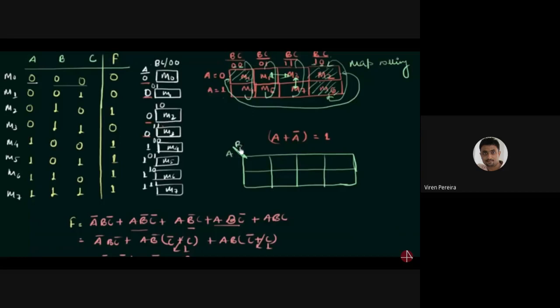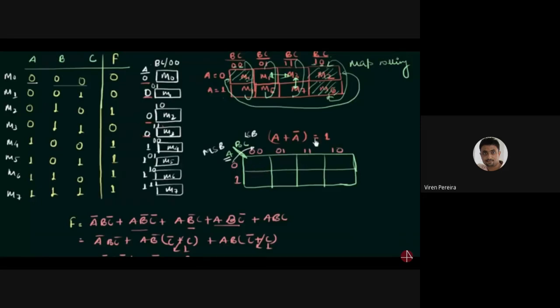Now we write the corresponding values for the cells, which are 0 0, 0 1, then 1 1, 1 0. You have to remember a very important thing: A is your MSB and C is your LSB. You have to write ABC in this way, MSB to LSB. You cannot change it. If you change it, then the position of the cell is changed.